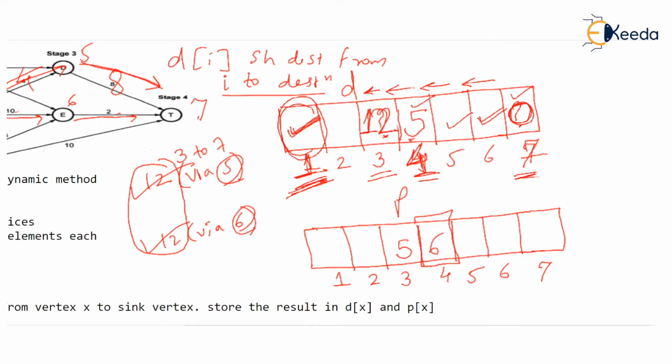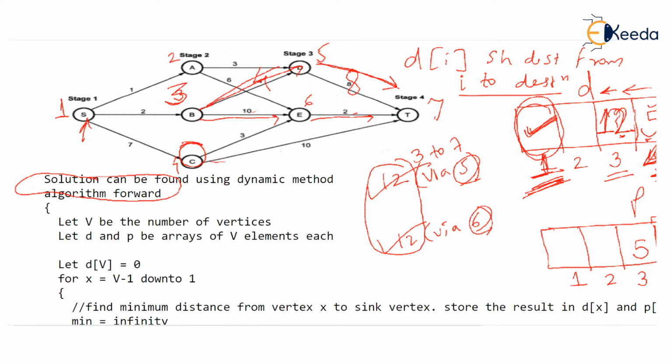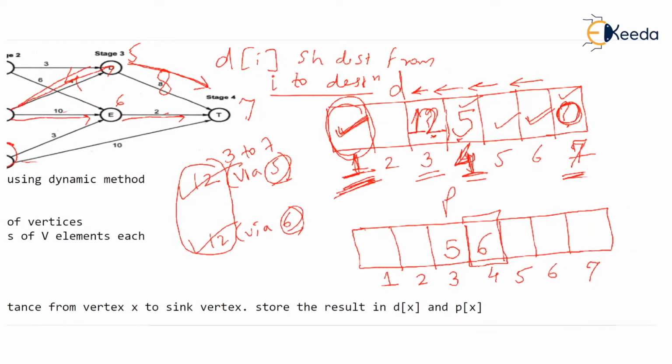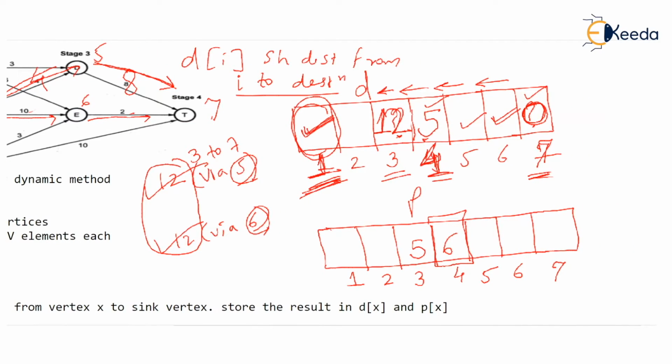I was surprised when I saw the word forward here. I told you that this algorithm is called the forward algorithm. But actually, in our processing, we are coming backwards here in our array. We will start from the sixth vertex, find out the value of this element, then come back, find out the value of the fifth vertex, and so on, and reach the first vertex.